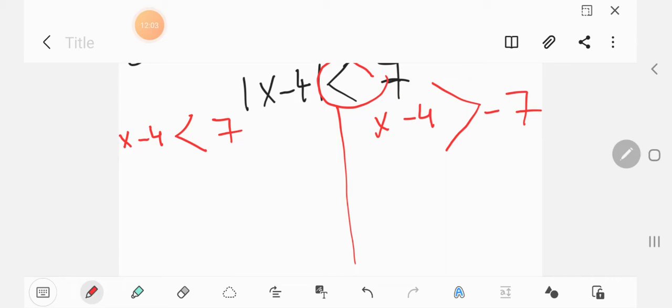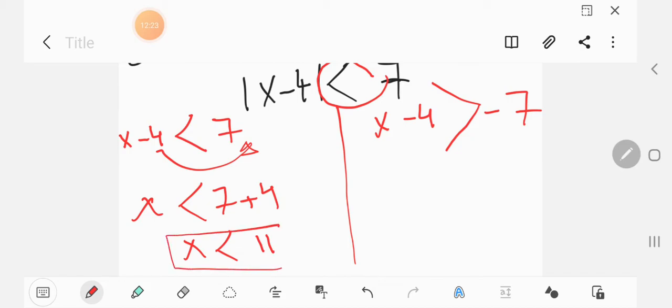Again, first time will be the same: x minus 4 smaller than 7. And here x minus 4 greater than negative 7. Here we are going to make x smaller than 7 plus 4, so x smaller than 11. Here is our first possible answer.